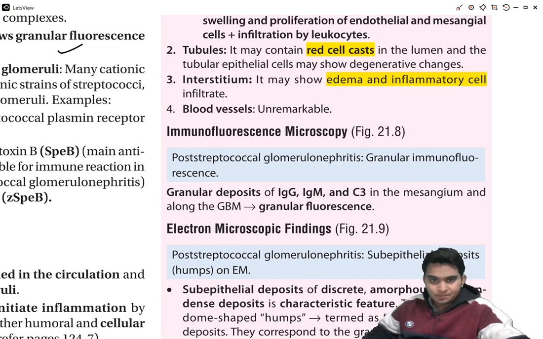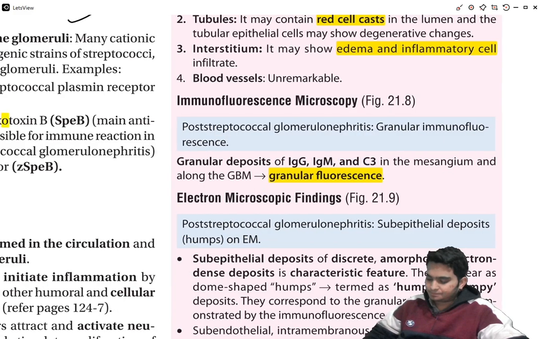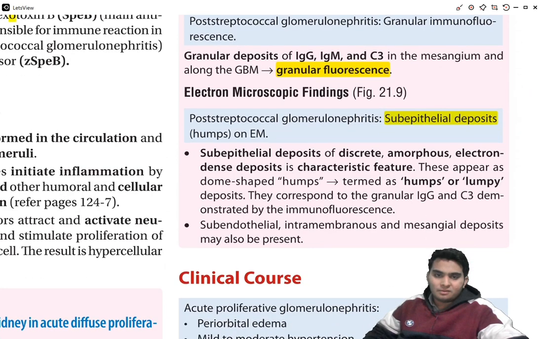Now, immunofluorescence microscopy. In post-streptococcal glomerulonephritis, granular immunofluorescence will be seen, as we discussed earlier: granular deposits of IgG, IgM, and C3 complement in the mesangium and along the glomerular basement membrane. Now, electron microscopy. In post-streptococcal glomerulonephritis, subepithelial deposits will be seen.